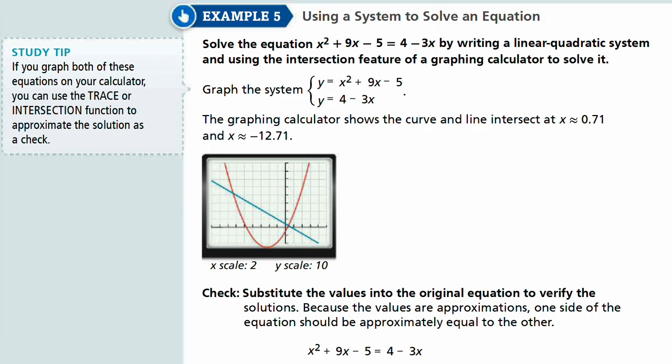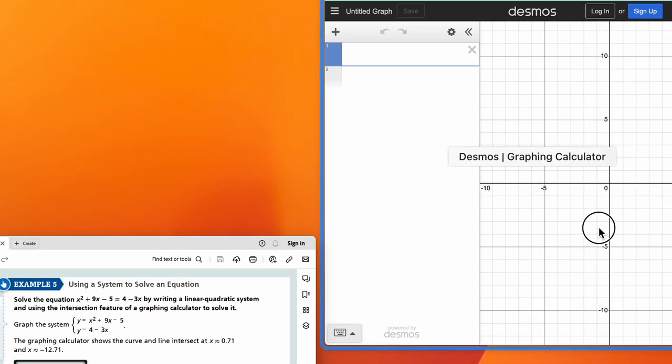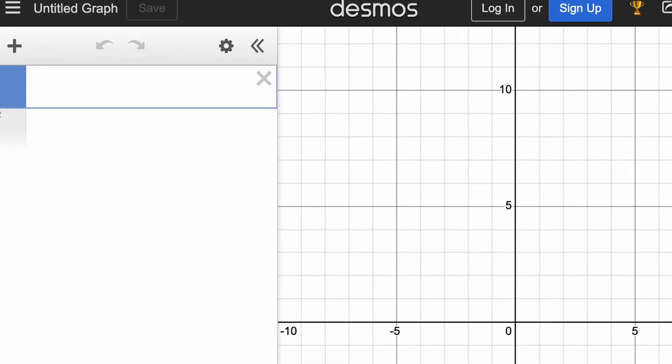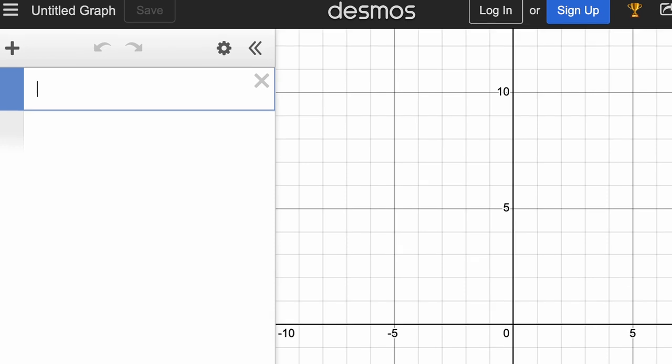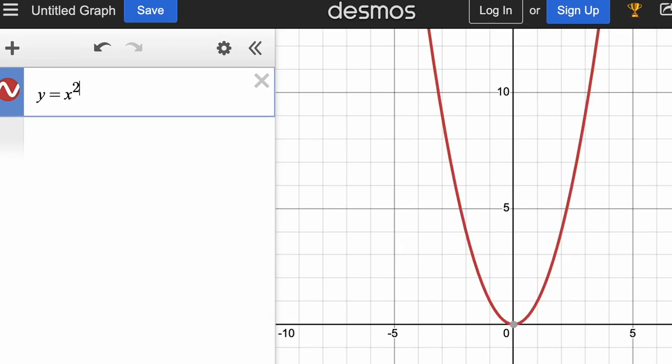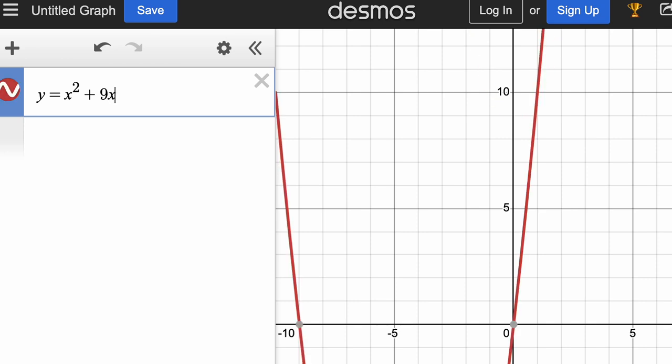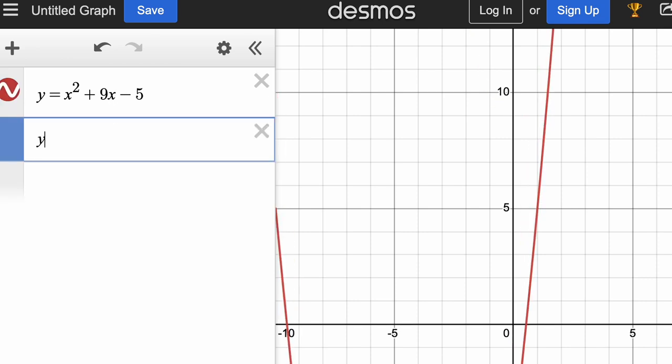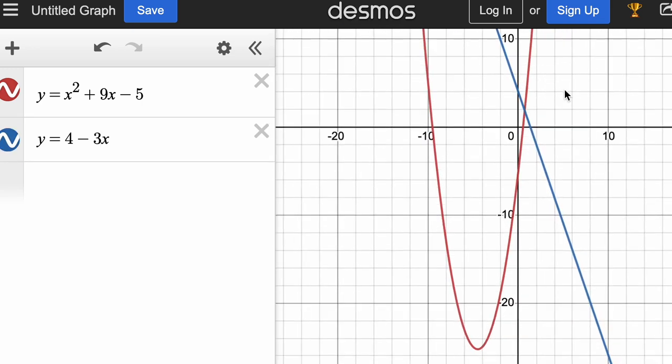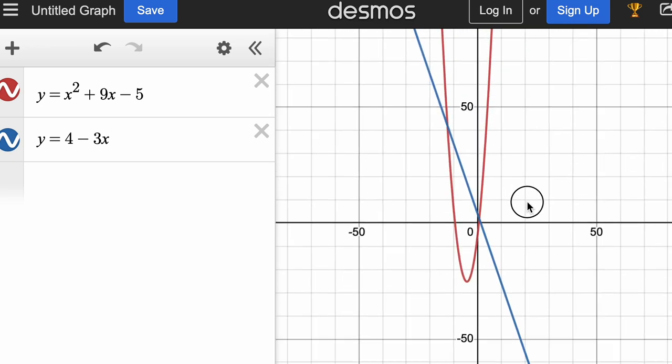You can use the Desmos calculator if you don't have a graphing calculator. So here we're going to graph those two equations, and if you zoom out, you will see a nice little graph in Desmos.